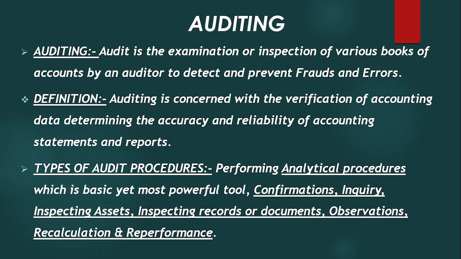Auditing. Audit is the examination or inspection of various books of accounts by an auditor, whether an internal auditor or external auditor, to detect and prevent frauds and errors. Definition: auditing is concerned with the verification of accounting data, determining the accuracy and reliability of accounting statements and reports.